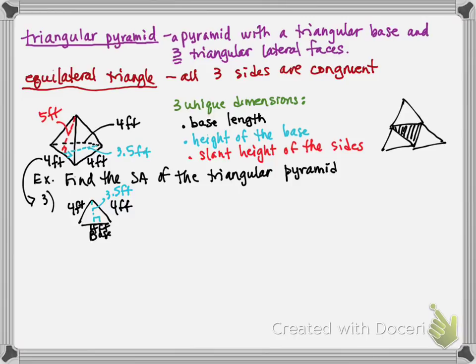And then we're going to get 3 more triangles. Now, all of them are peeling off of that base, so each one of them has a base of 4 feet, but each one of them is going to have a slant height of 5 feet.